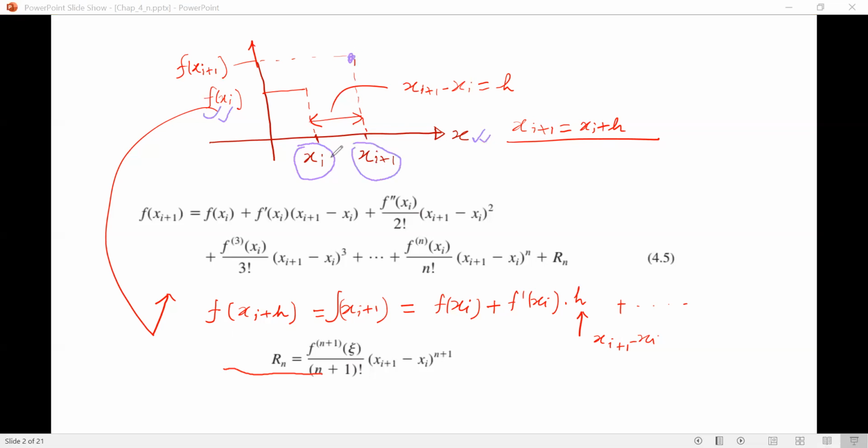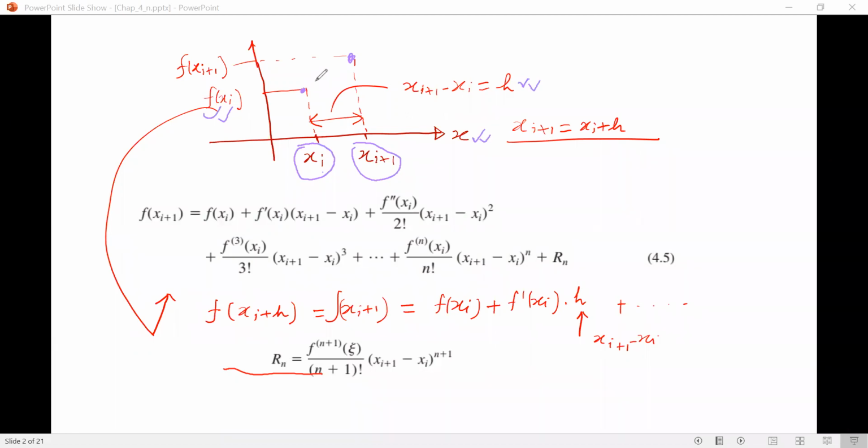If the value of the function at xi is known to us, we need to predict the value at xi plus 1. These 2 points are separated by the step size, let us call it h.